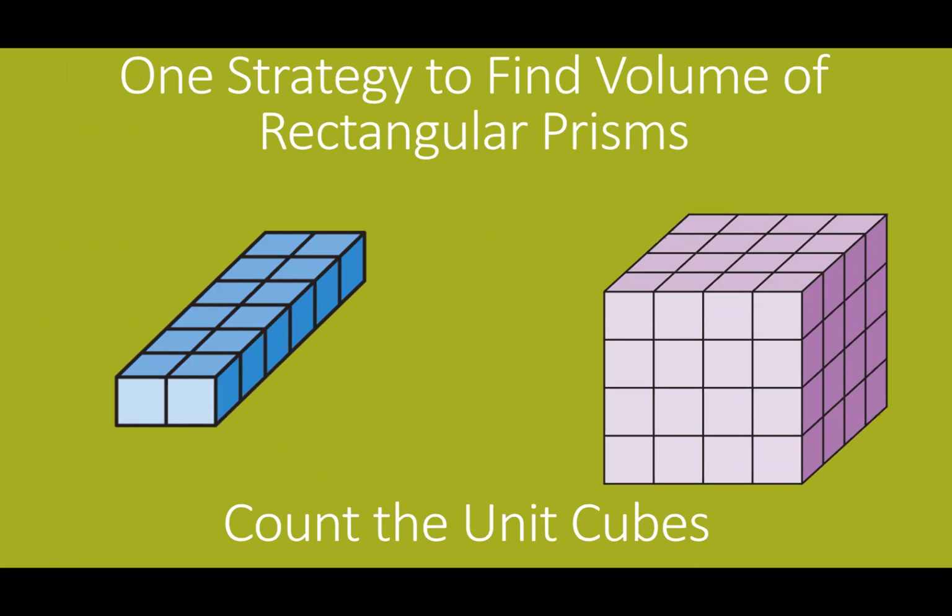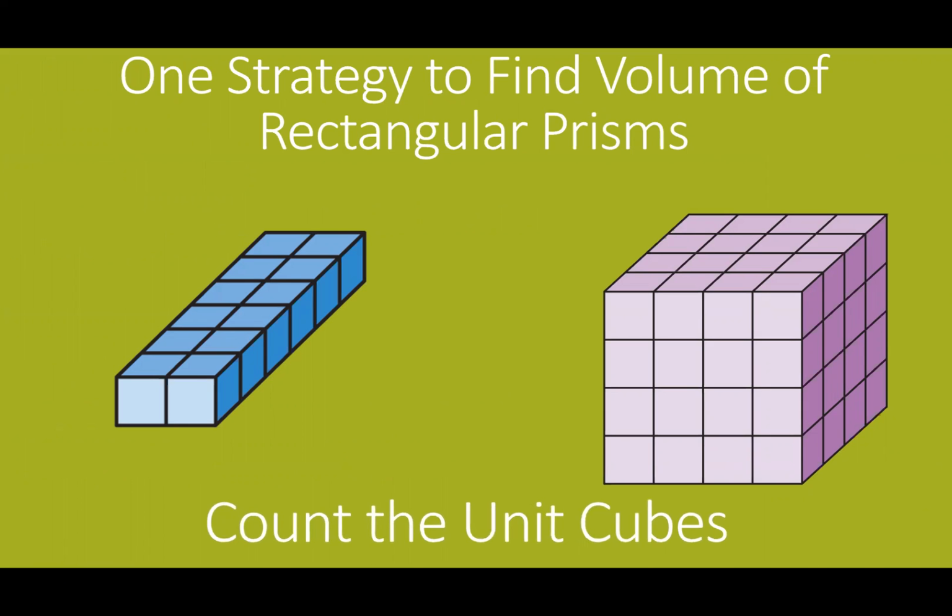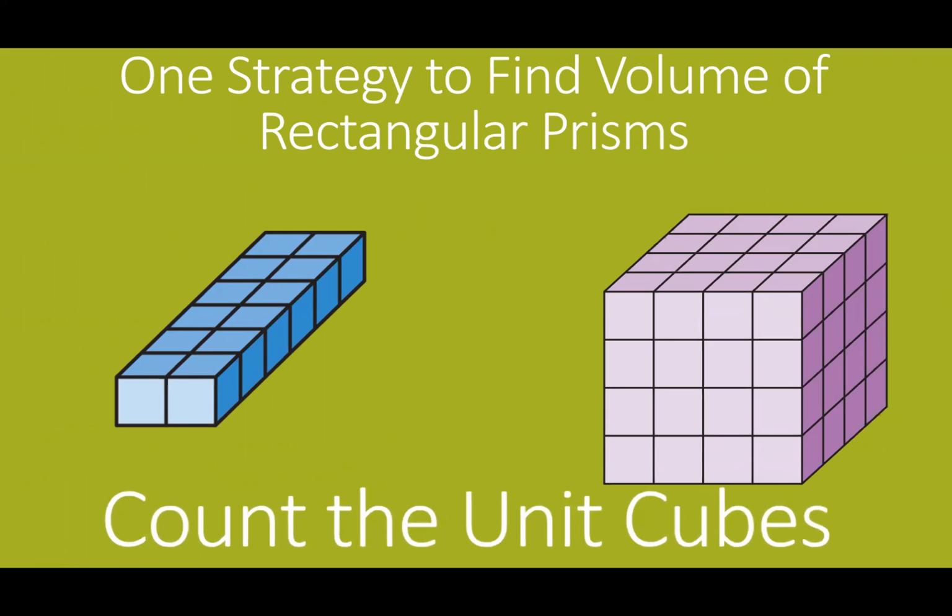All right, so one strategy to find the volume of rectangular prisms is simply to count the unit cubes. So here we have 1, 2, 3, 4, 5, and 6 unit cubes on the right-hand side of this figure.